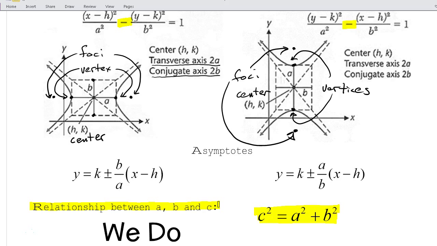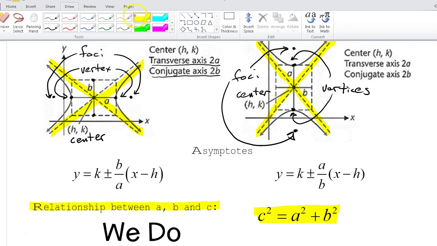All right, and then finally, if you notice, we've got these asymptotes here that go through the vertices of our central rectangle. Okay, and we're going to use these to help us sketch in the hyperbola. We've got the equations of these.